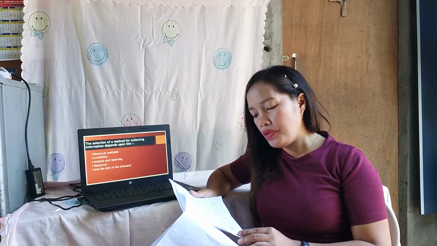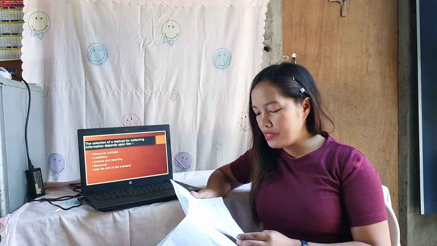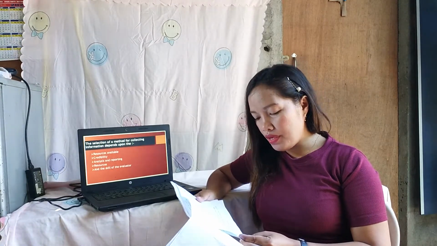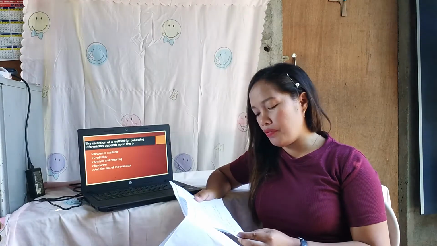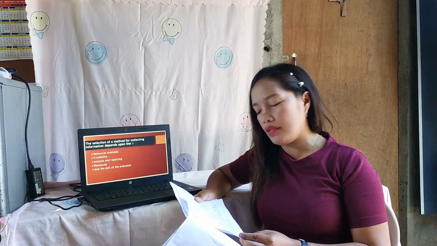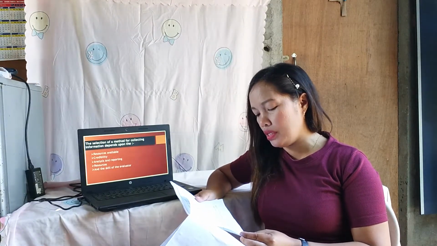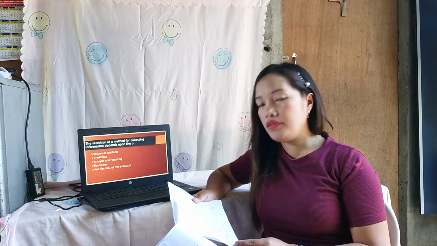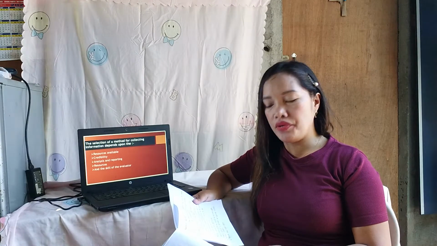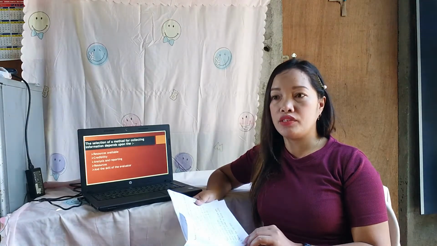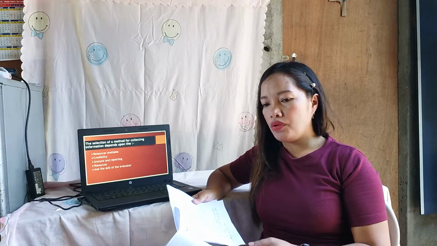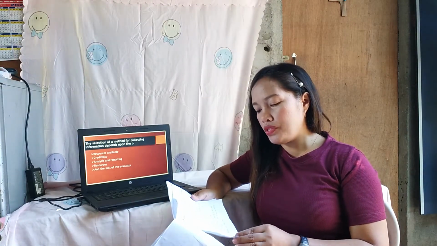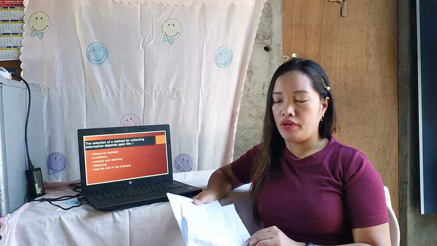Number two, research articles written by respected and well-known authors. Number three, websites registered by government and educational institutions. Number four, academic databases. And number five, those materials from the Google Scholar. So if those materials are coming from those sources, they are credible.